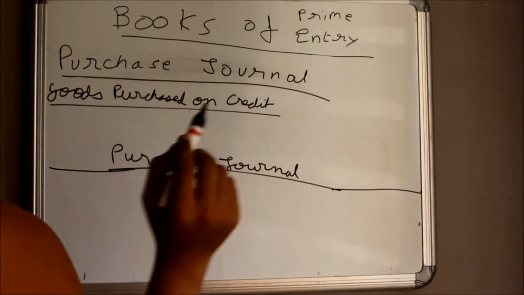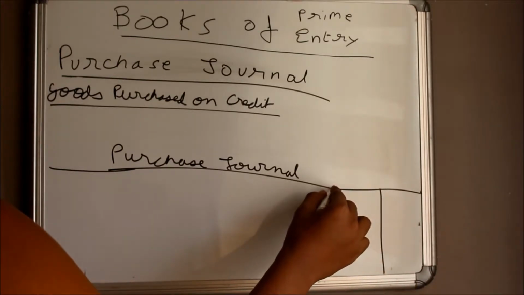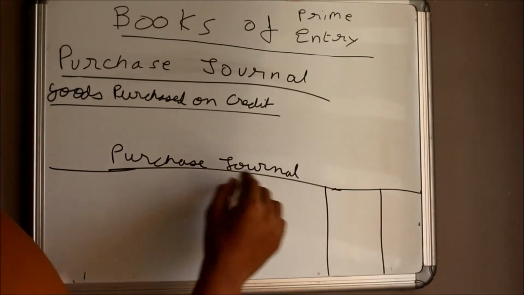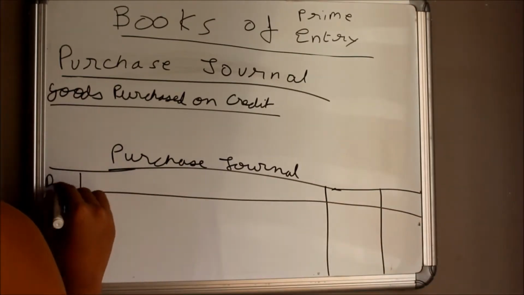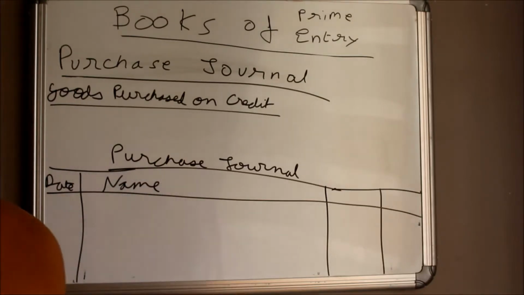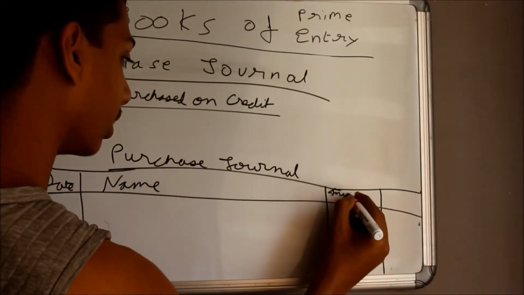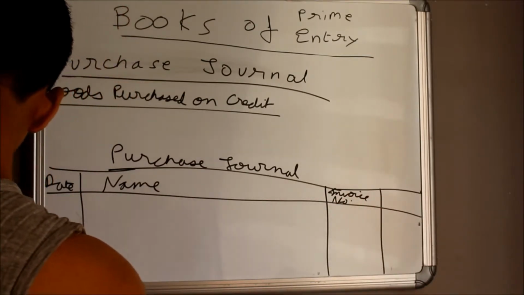It again has five columns: the date, the name, the invoice number, and the amount.